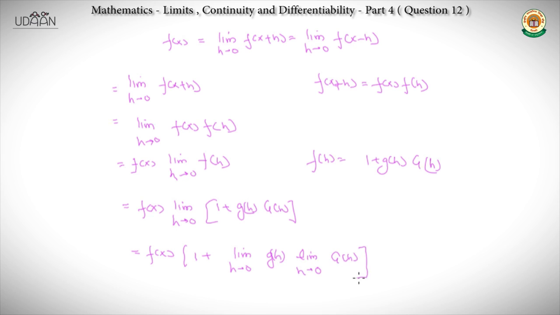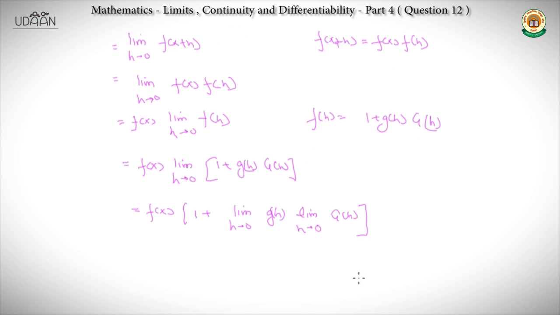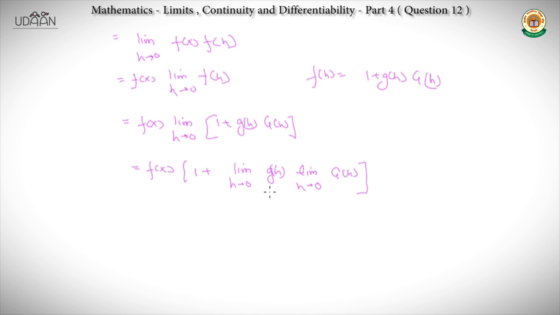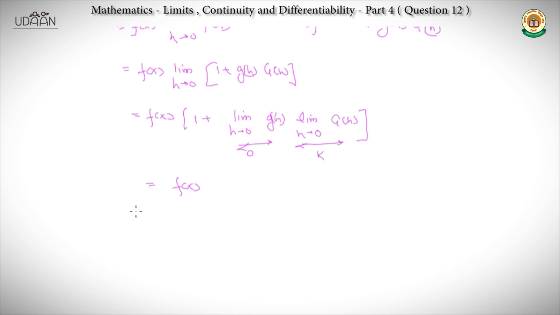We know the limit h tending to 0 of small g of h is already equal to 0, and capital G of h has a finite limit, so the overall limit becomes 0. So when I apply the limit, it becomes f of x. Similarly, by the same procedure, we can prove that the limit h tending to 0 of f of x minus h equals f of x.